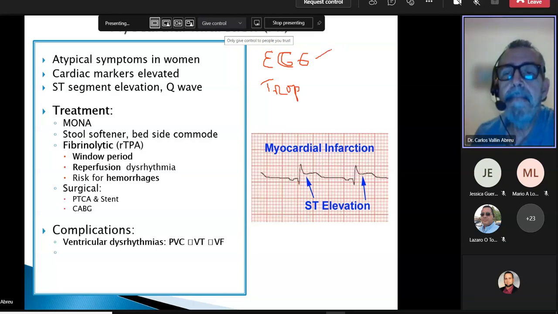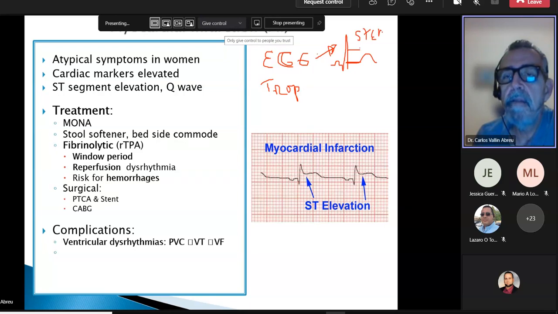The EKG can detect the myocardial infarction immediately when it starts. There are two possibilities. You know that the ST segment, this horizontal segment that is before the T wave, can go up, and then you have an ST elevation myocardial infarction, or by the contrary, can go down, and then you have a non-ST elevation myocardial infarction.